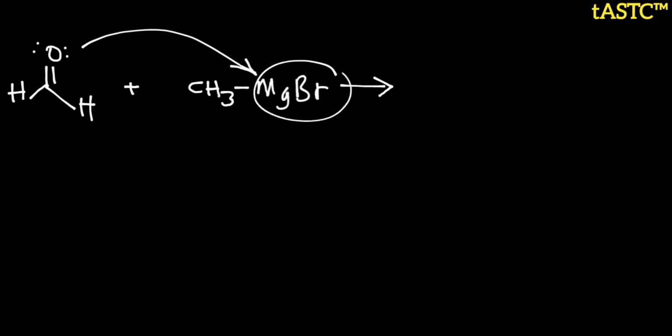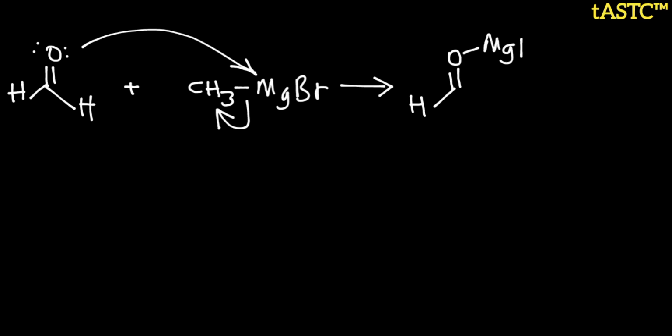So this whole species will leave, and this bond between the carbon and the magnesium would actually go back to the carbon atom. And this is what you're going to have. So this will be an oxygen now connected with the magnesium bromide, and you would now have a positive charge on the oxygen. That is because the oxygen actually lost some electrons.